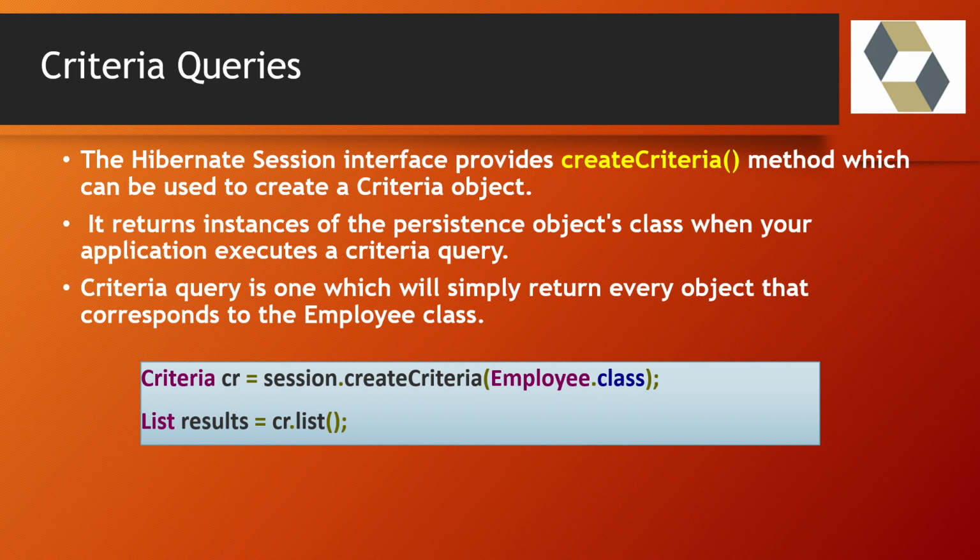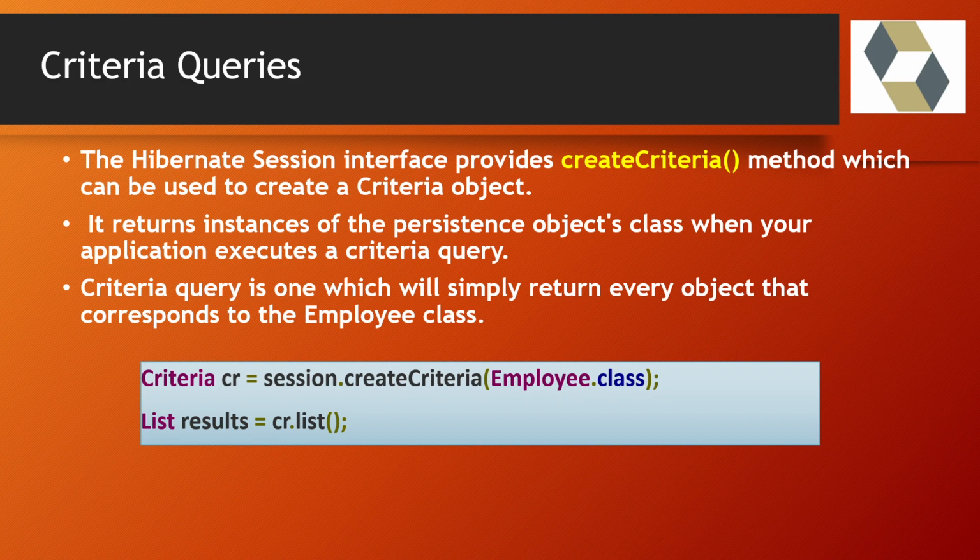Just consider that instead of criteria, it is a query. This is equivalent to from Employee, or select star from Employee. So what will this return? All the records from the employee table or Employee class.